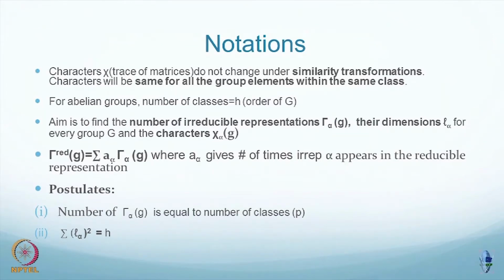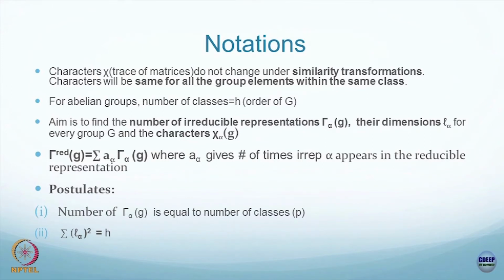What is our aim? The aim is to find the number of irreducible representations, this list. Is it only 2 irreducible representations or more? I need to find that. I also need to say that this one was a 1 cross 1 matrix, this one is a 2 cross 2 matrix representation, and so on. That information I also have to give.